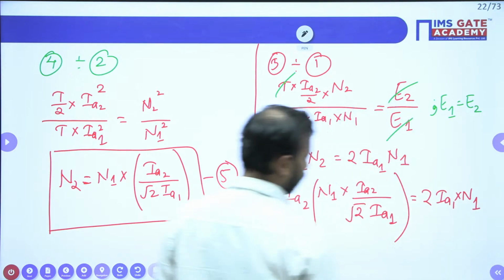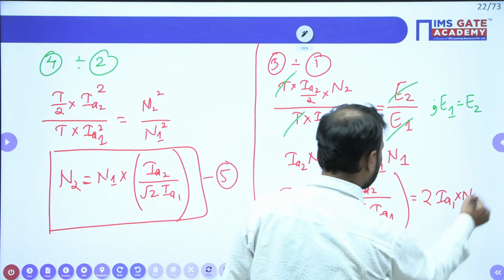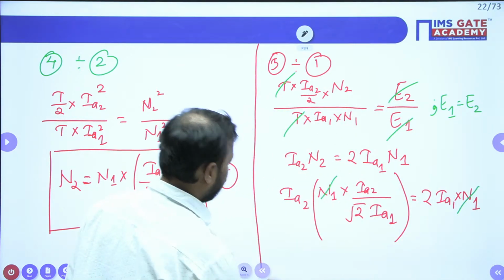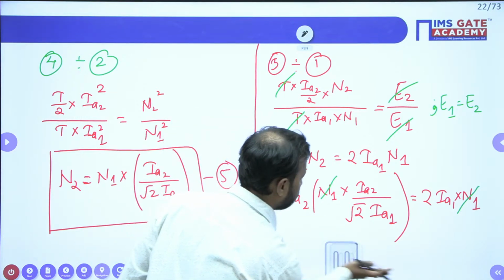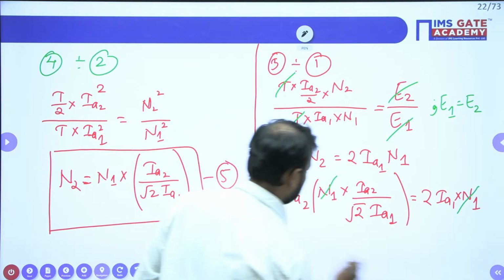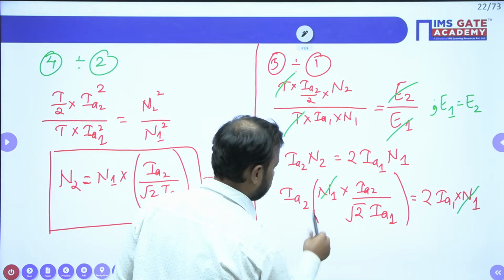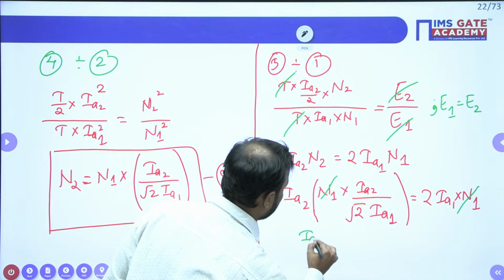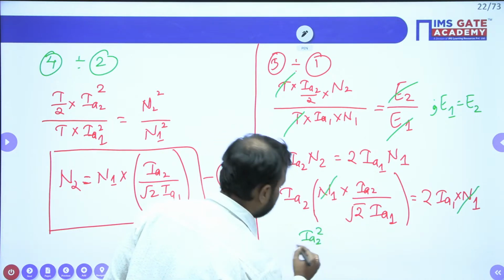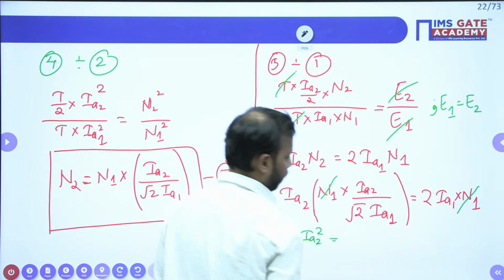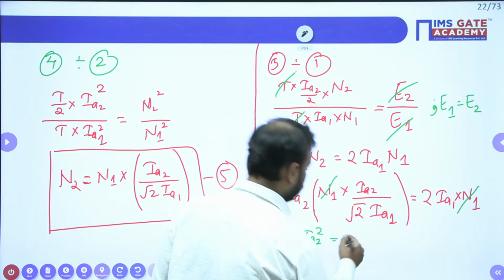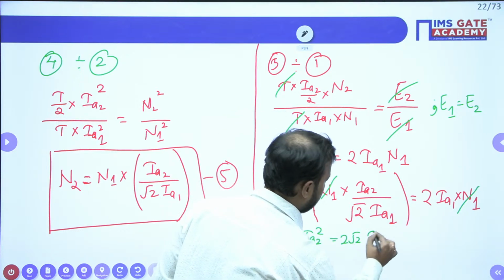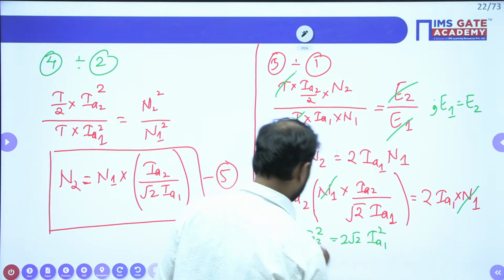So N1 and N1 will be cancelled out, and here Ia2 whole square equals root 2 into 2, so 2 root 2 Ia1 square.